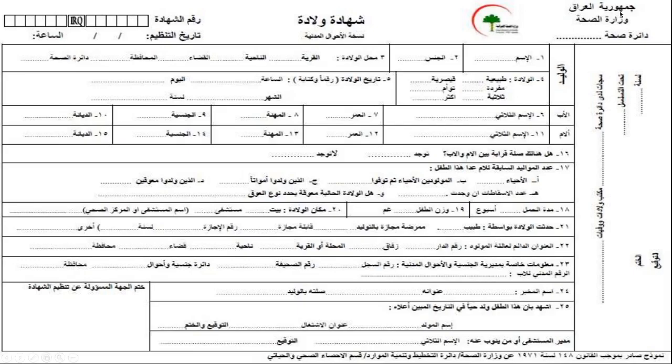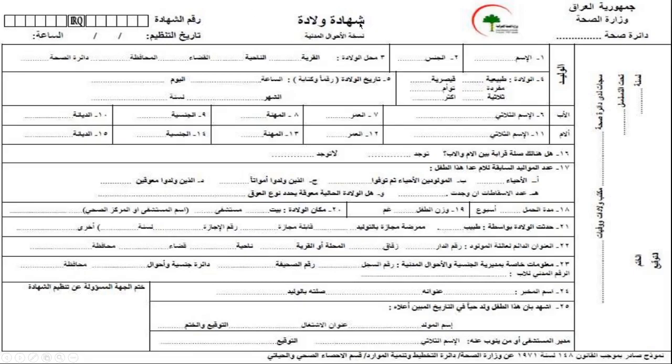All right, so Republic of Iraq, Ministry of Health, Directorate of Health of whichever governorate. If it's Duhok, then you write Duhok. If it's Mosul, you write Mosul, and so on. All right. So this is the number of the certificate, the organization date, and this is also the time.